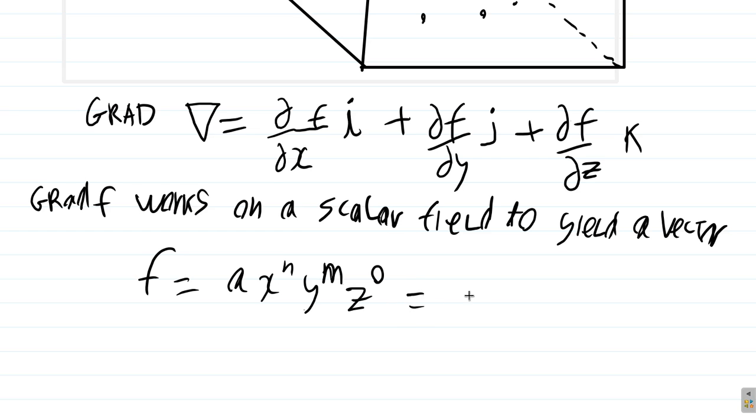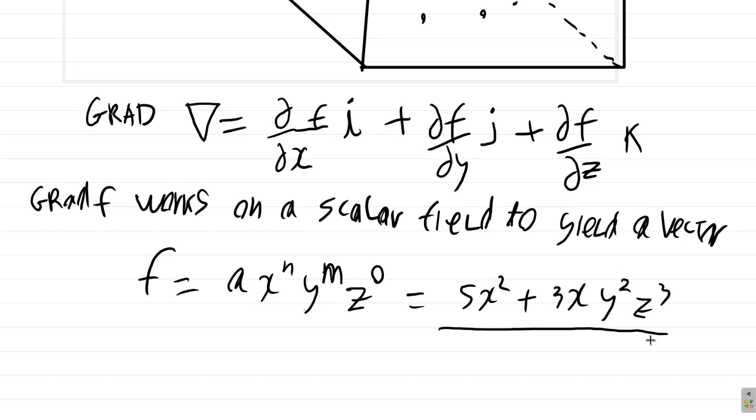It may be a case where you have 5x squared plus 3x y squared z cubed or something like that, right? You don't have any i, j and k in it, because i, j and k would be directions. This itself is a scalar, so you can find the gradient of this scalar, right?